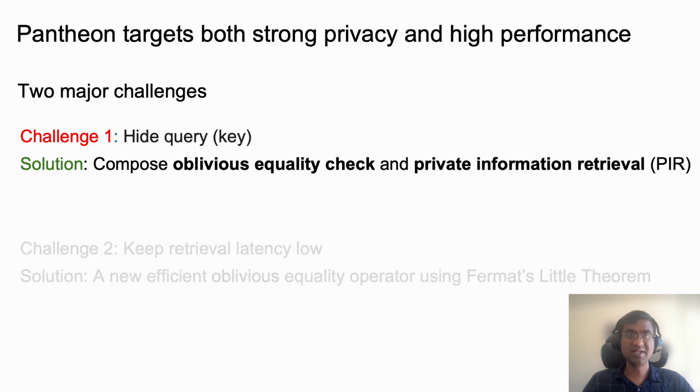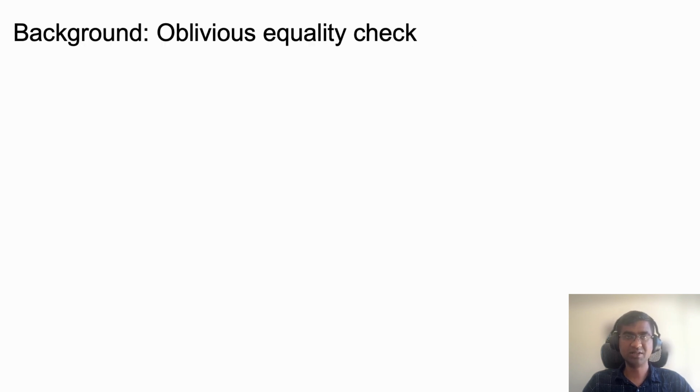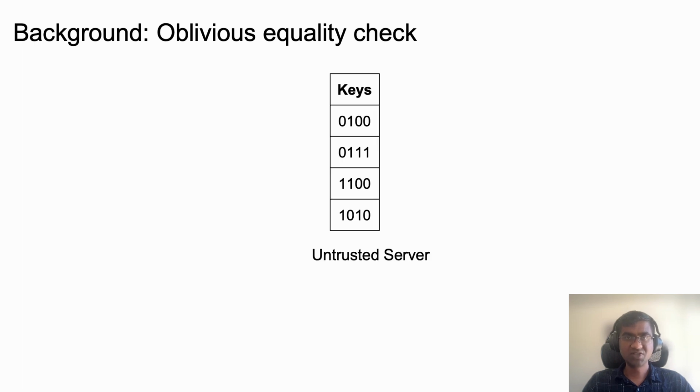Before we go into details of the first challenge, I will give a brief introduction of the two building blocks. First, oblivious equality check. Suppose an untrusted server holds a set of keys and a client wants to check whether a particular key exists at the server. This can be done using oblivious equality check. The client first encrypts her key in a specific way and sends it to the server.